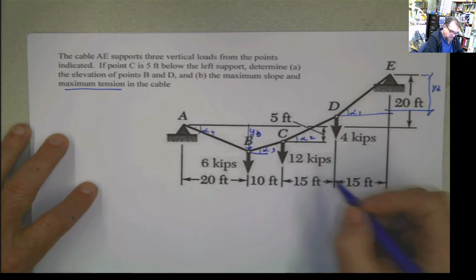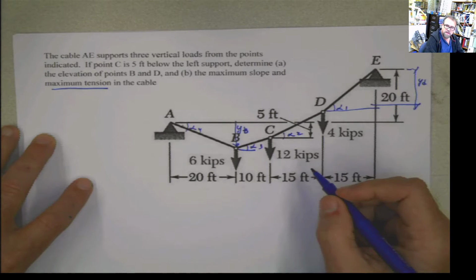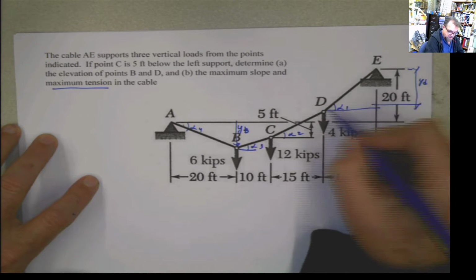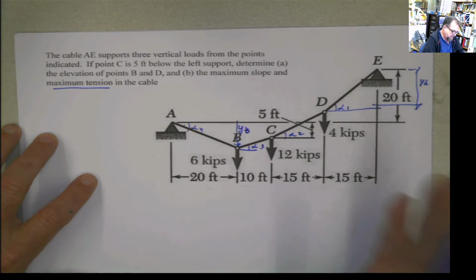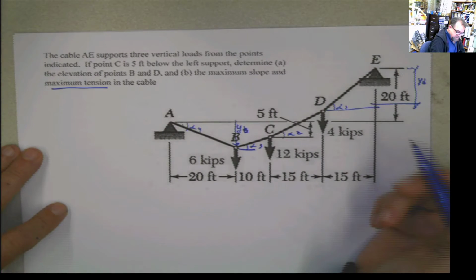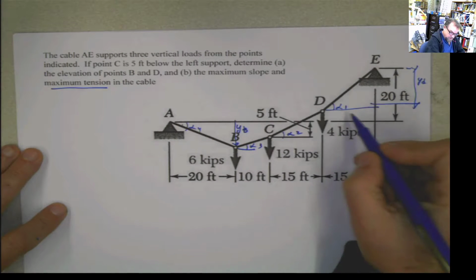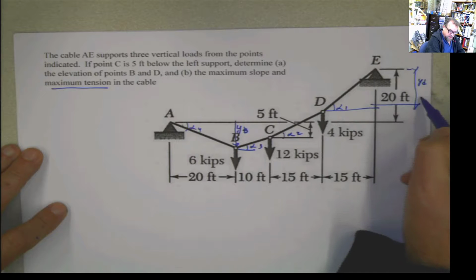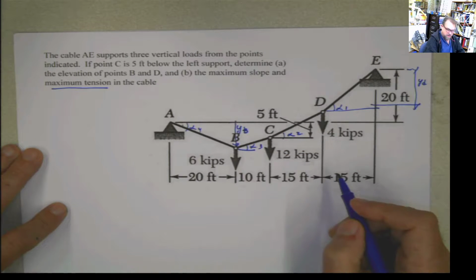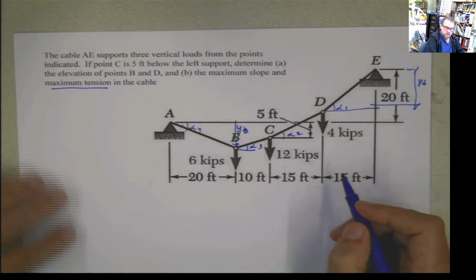Whatever the maximum angle is going to be the maximum slope, and obviously that is going to be here if this is to scale. But we can determine that later. For that, first we need to calculate, in order to calculate even the angles, how much is the sag of the cables at the different elevations that the problem is asking you to do.